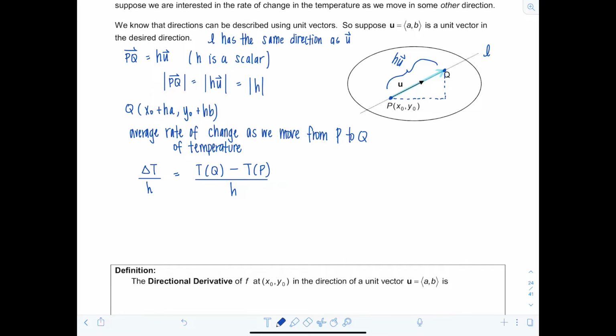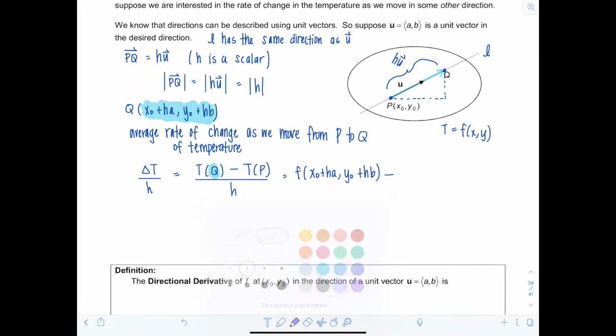And since T is a function of x and y, I can express that using Q's coordinates as f of x naught plus ha, y naught plus hb, minus T of P, whose coordinates are x naught and y naught, so f of x naught, y naught, all divided by h.